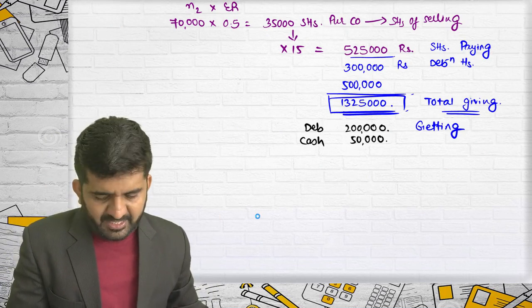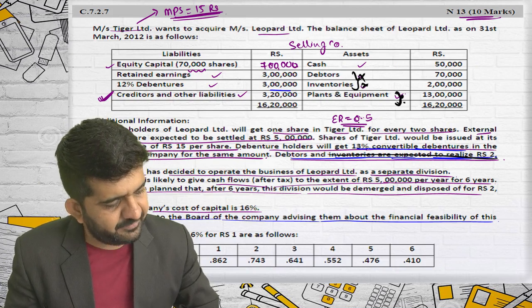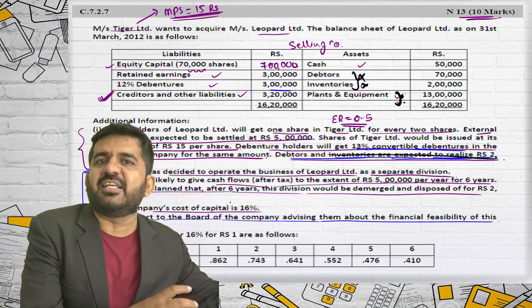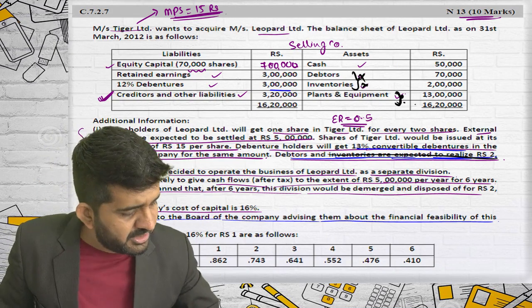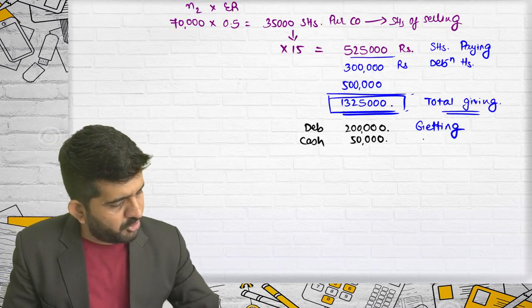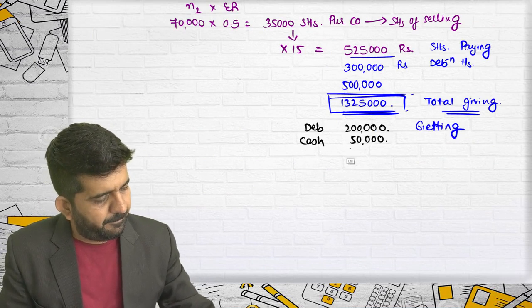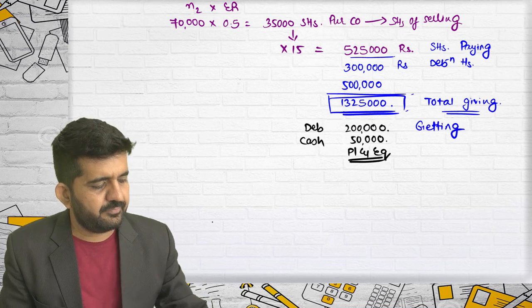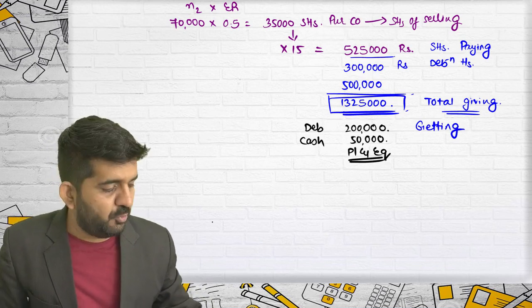And what you will be getting from fixed assets is plant and equipment. Now this plant and equipment will be running as a separate unit. Are you going to sell this plant and equipment?